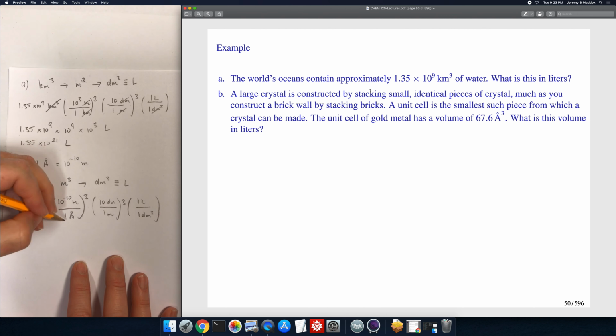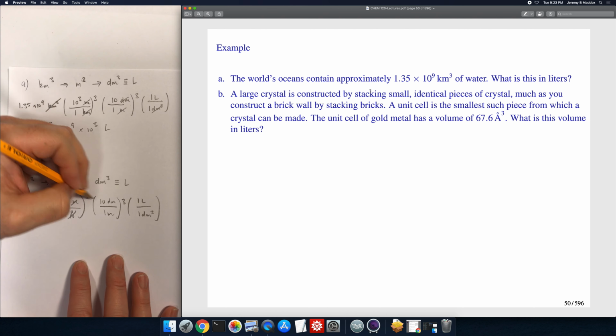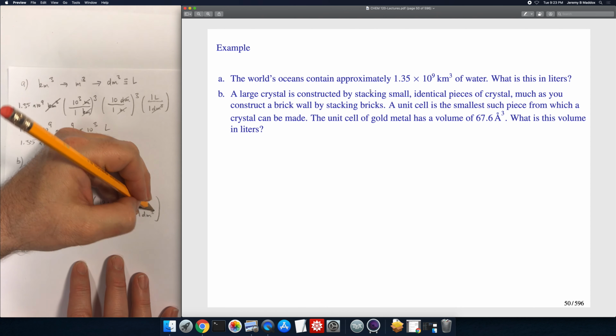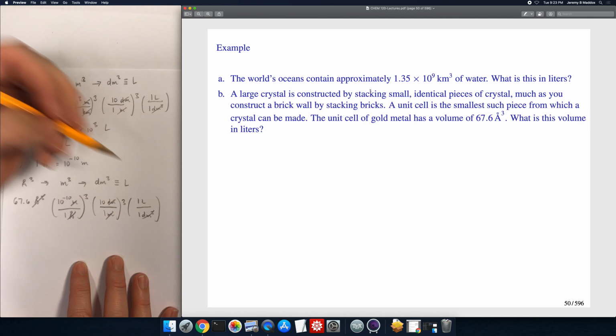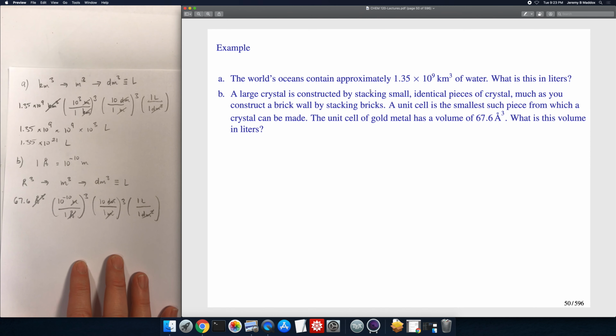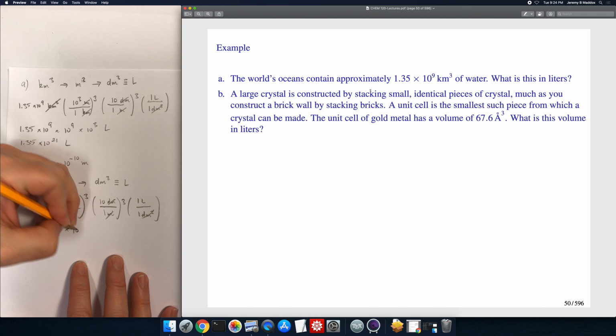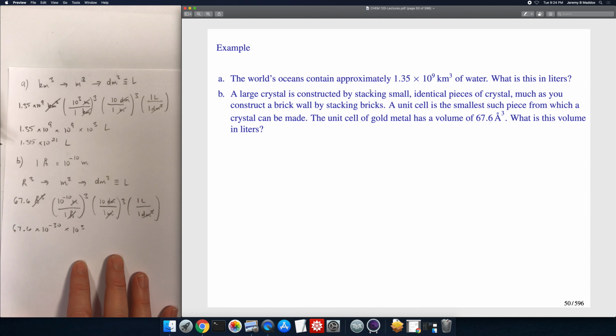So the angstroms cubed are going to cancel, the meters cubed are going to cancel, the decimeters cubed are going to cancel, and we'll be left with units of liters. So we'll take the 67.6, we'll have 10 to the minus 30. This will be times 10 to the 3, and our final unit is liters.